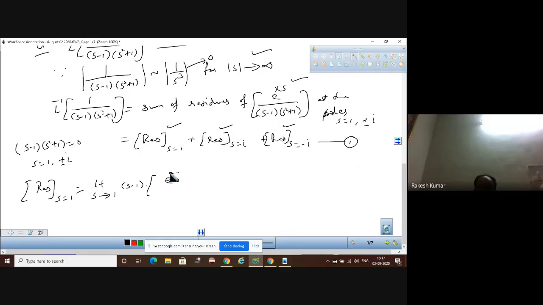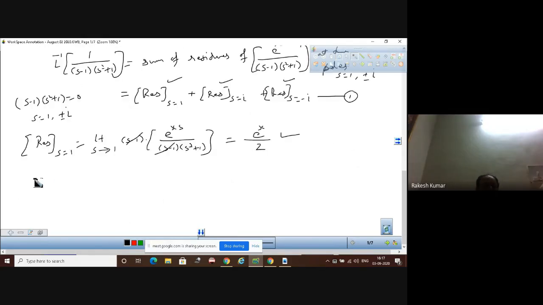The function is e raised to power xs upon (s minus 1)(s square plus 1). So this factor can be cancelled. You can substitute the limit s approaches 1, that is e power x, and 1 square is 1 plus 1, that is 2. This is your first residue.